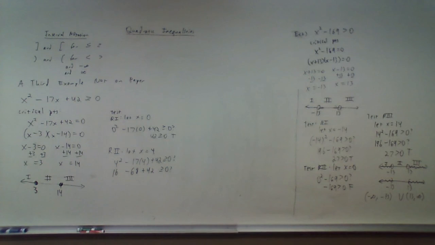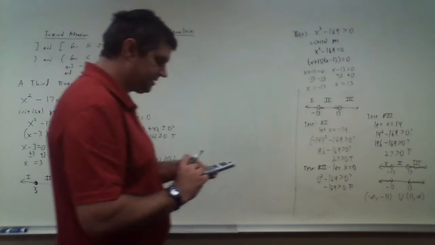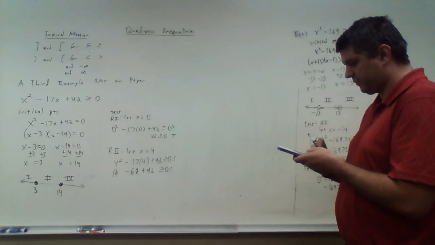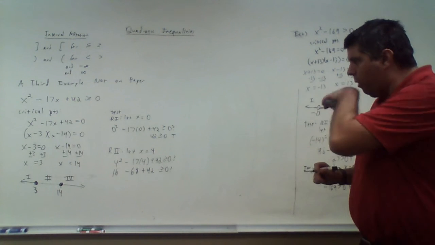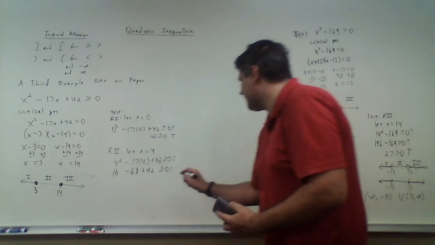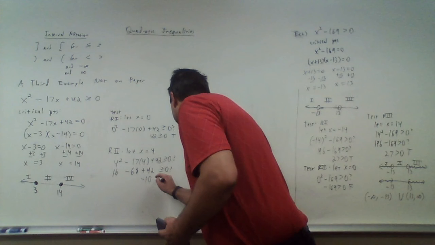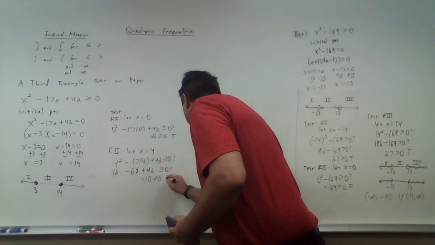I grab my calculator. 16 minus 68 plus 42 gives me negative 10. And that's false.